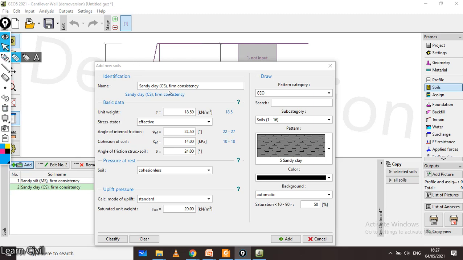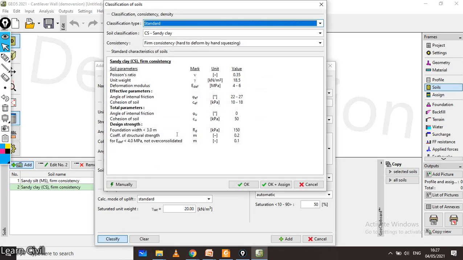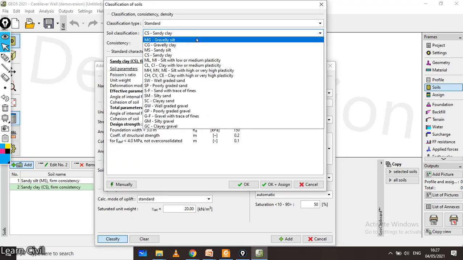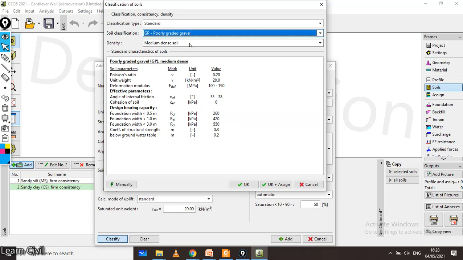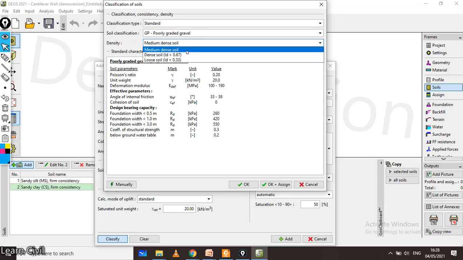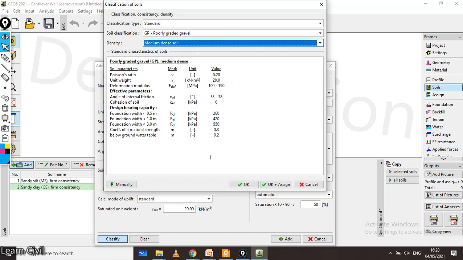Next, below that layer, let us consider we have some poorly graded soil mass. So click on this classify again, select here poorly graded gravel, or GP. Density medium dense soil, we will be considering medium dense soil, and click on OK plus assign.